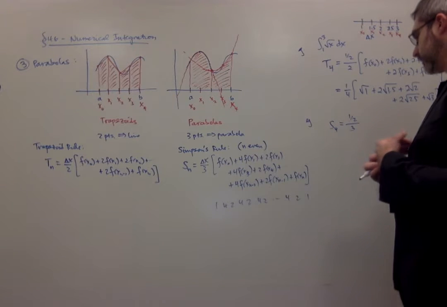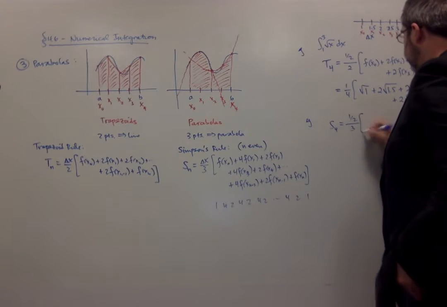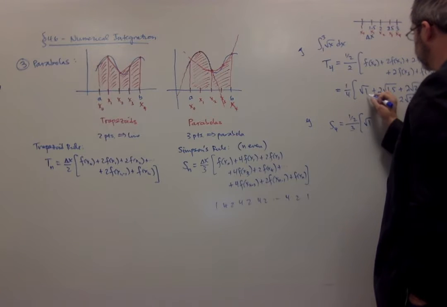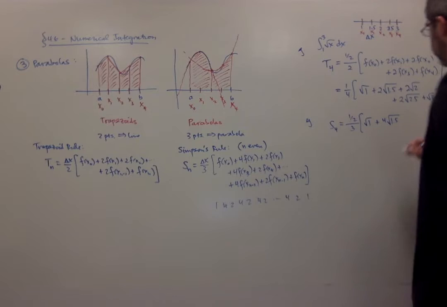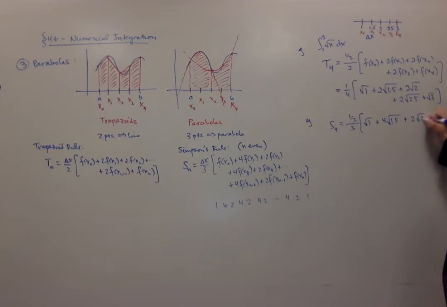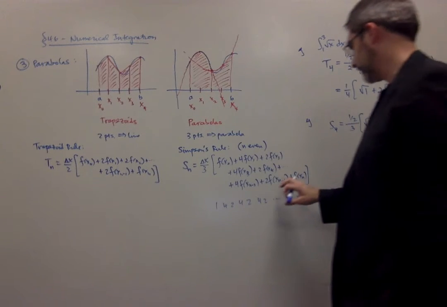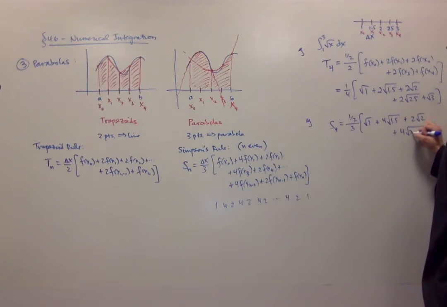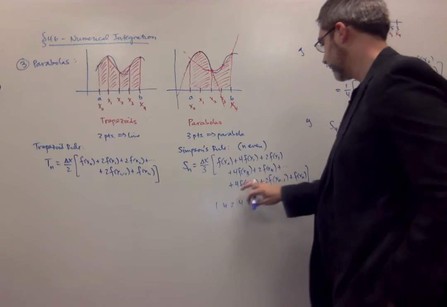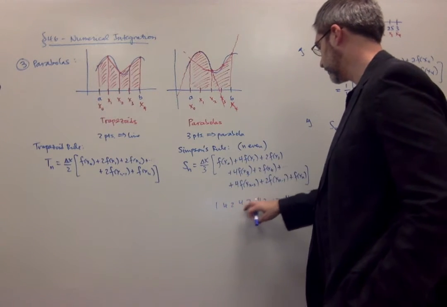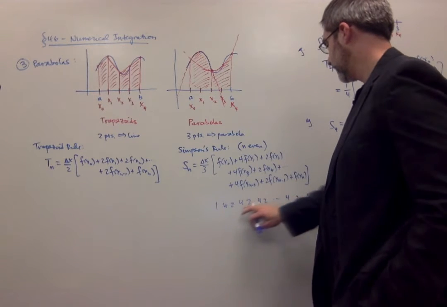And then we're going to take 1 of the first, then we're going to take 4 of the next one, square root of 1.5, 2 of the next one, 4, now I see that I did this wrong. I'm sorry, I messed this up. Let me fix this. I can't count this right. It's supposed to be symmetric.